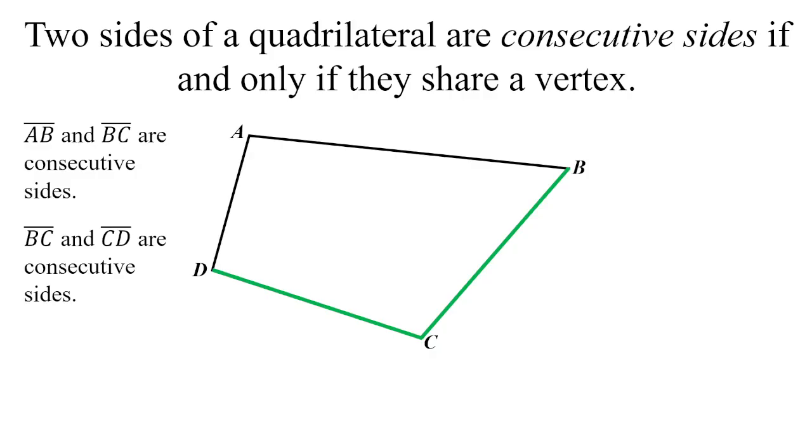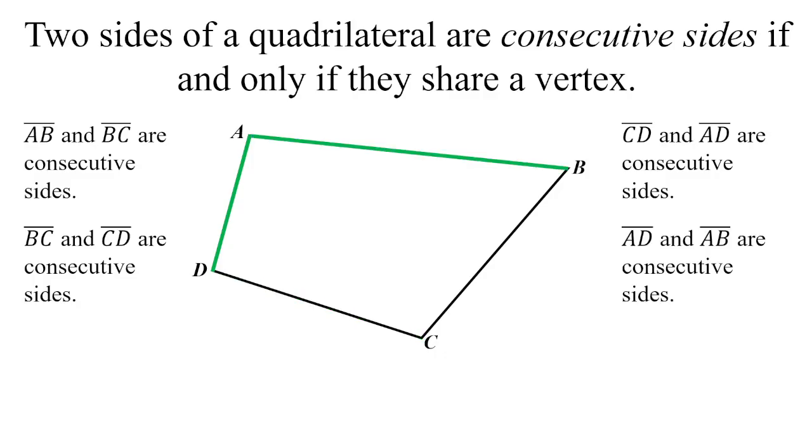They share C as a vertex. Segment CD and segment AD are consecutive because they share D as a vertex. Segment AD and segment AB are consecutive because they share A as a vertex.